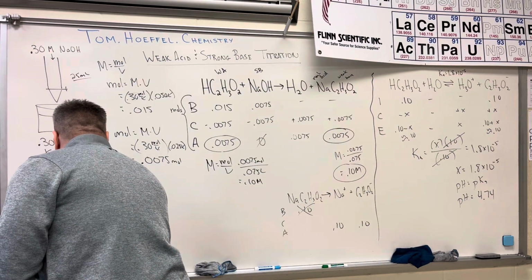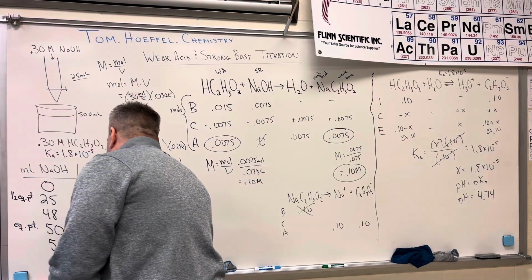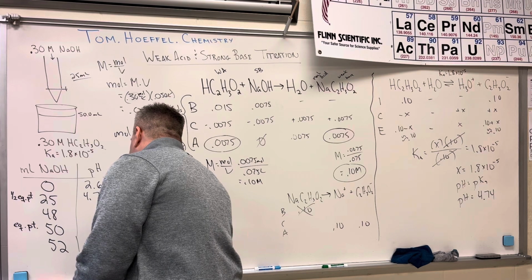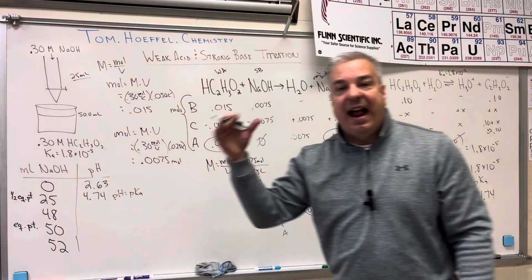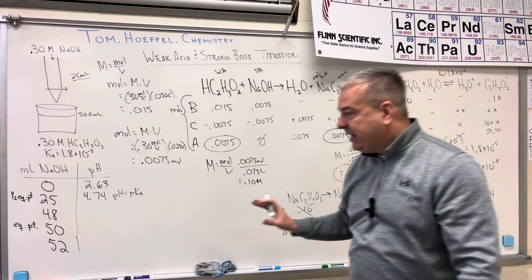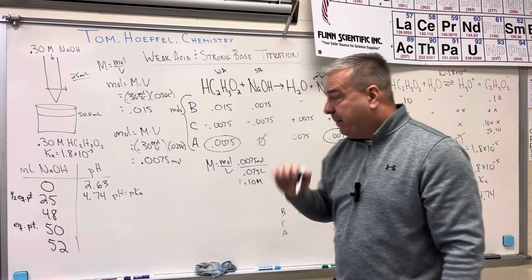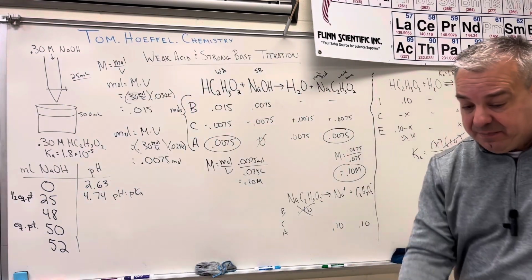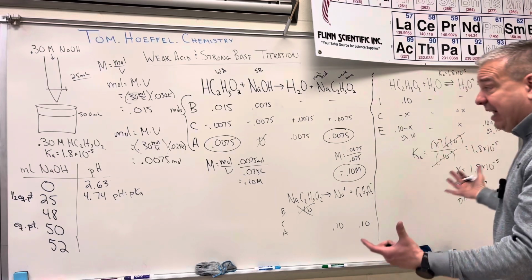So 4.74, and off to the side, I'm just going to put in here, pH is equal to pKa at the half equivalent point. That's what's so important about the half equivalent point. So that's how you do this problem.